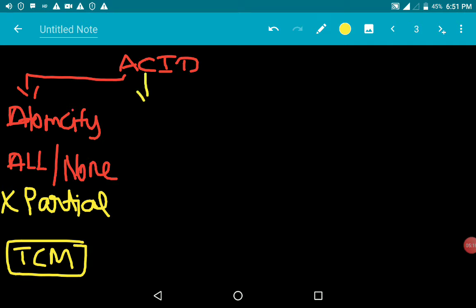And the second one is consistency. Consistency means the database state should be maintained before and after transactions.